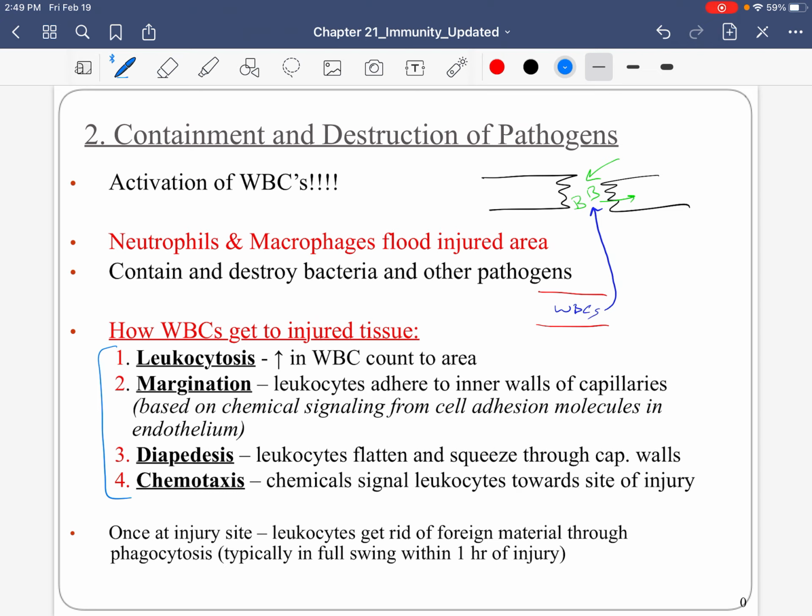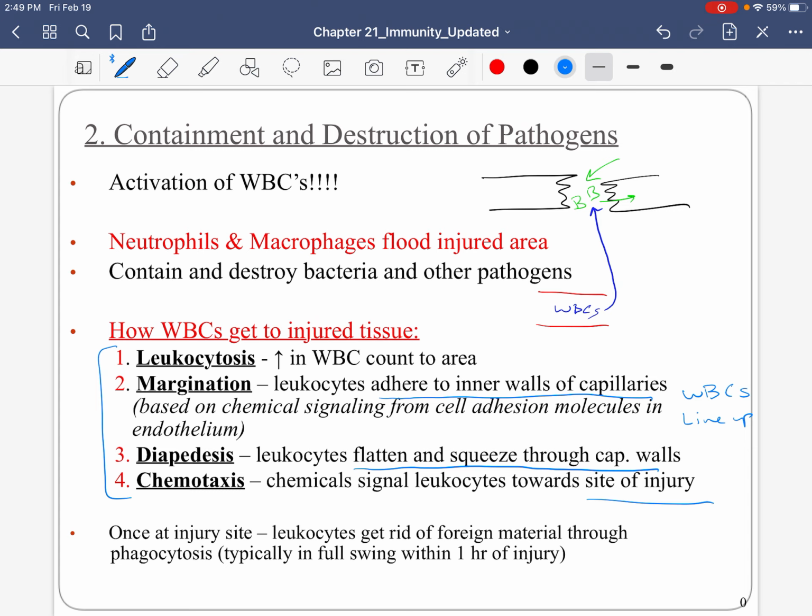Once those white blood cells arrive to the area, they adhere to the inner walls of the capillary. They marginate, they line up. And I have a picture on the next slide to show you. Then the white blood cells flatten and squeeze through the capillary walls, where they then travel to the site of injury. These all have special terms.